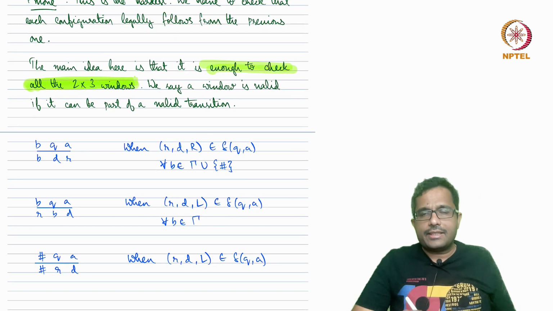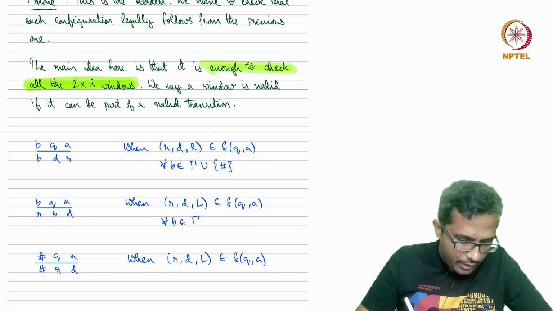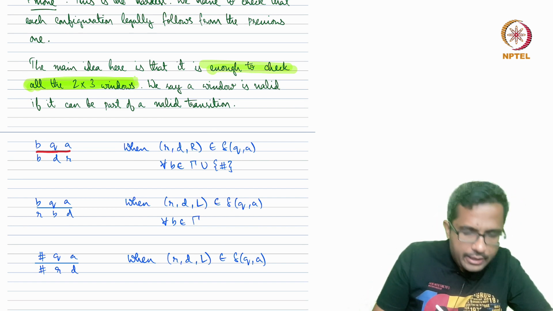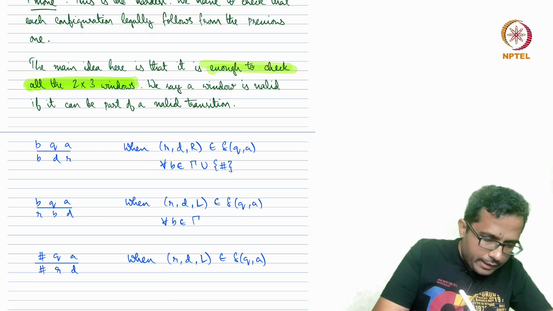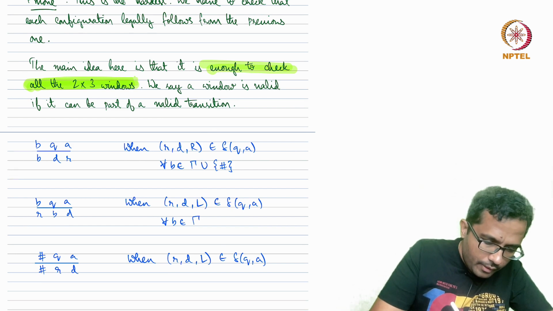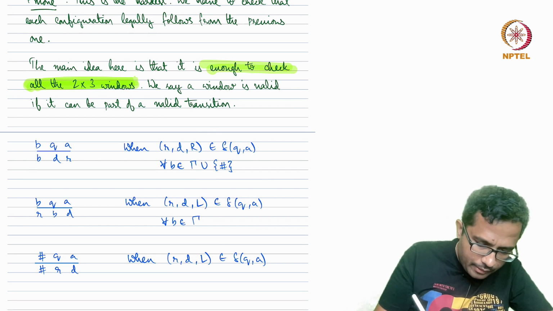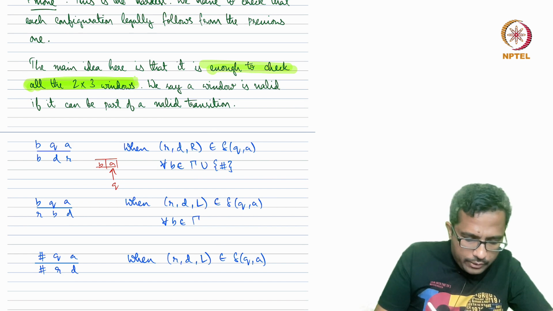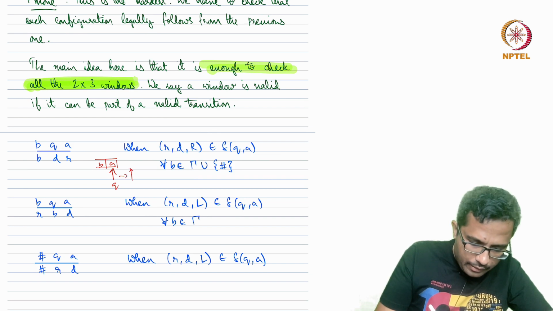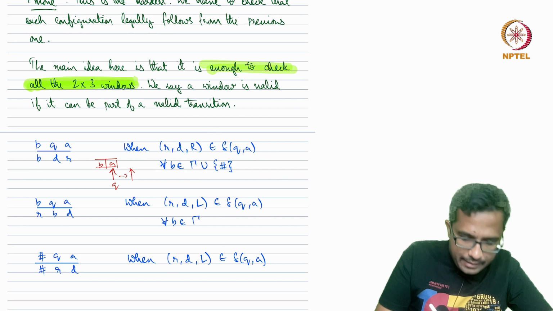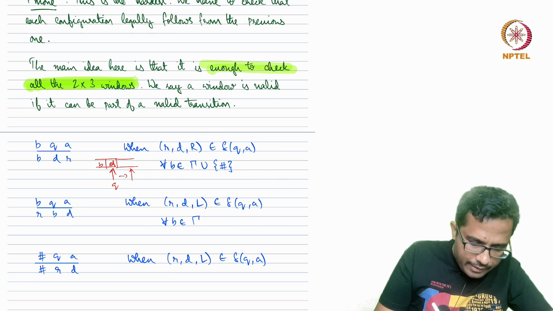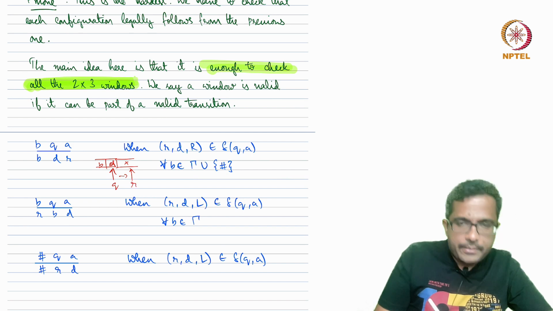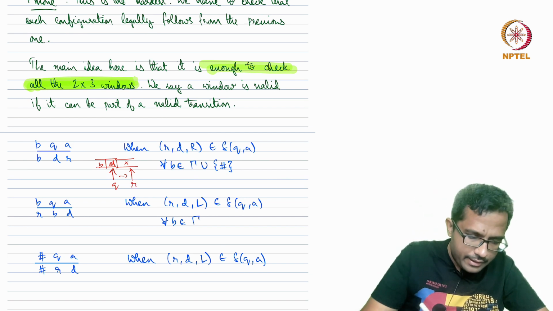So now, just to get a feel for this, let us try to understand. Suppose as part of a computation you have B Q A. The way to look at it is, if you look at the Turing machine, you have B here and you have A here, and the head is pointing at A with state Q. Suppose this tells us to move right one step, and A is overwritten by some symbol, let's say D, and then maybe something else is read, and Q becomes R, the next state is R. So that is captured by this thing here.